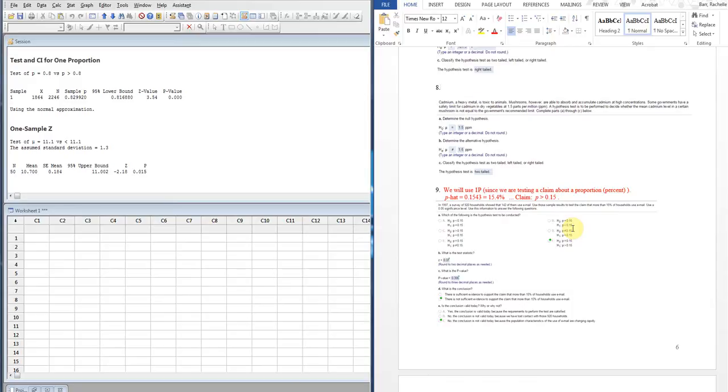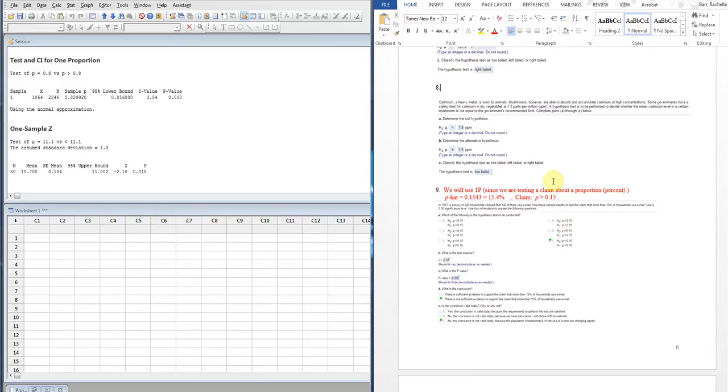A hypothesis test is to be performed to decide whether or not the mean cadmium level of a certain mushroom is not equal to the government's safety limit. Complete parts A through C below. Now you would think they'd be worried about you having more, but they care if it's different from it in this example, which makes no sense.